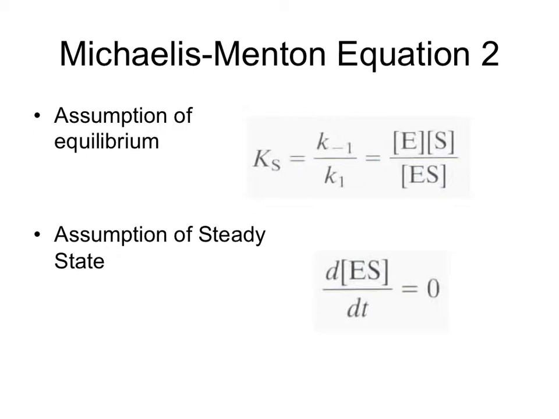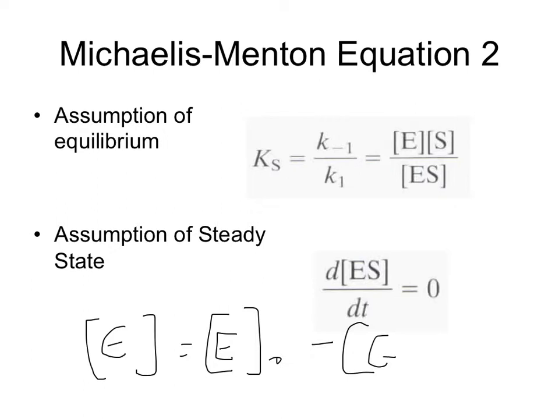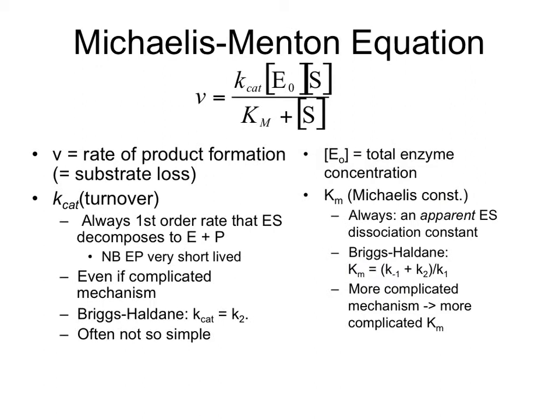And also an important thing to note is that the concentration of the free enzyme in this case is equal to the total concentration of the enzyme minus the enzyme substrate. As in the previous case, the rate of product formation was defined as kcat times the enzyme substrate complex.